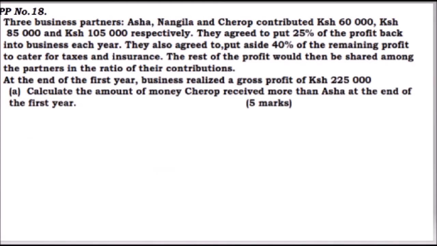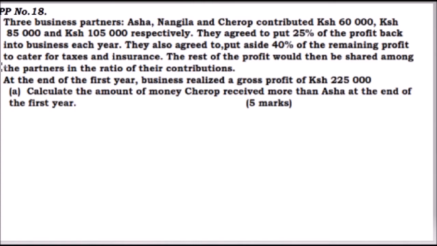Question number 18, we are told 3 business partners, Asha, Nagira, and Cherop, contributed 60,000 shillings, 85,000 shillings, and 105,000 shillings respectively. They agreed to put 25% of the profit back into business each year. They also agreed to put aside 40% of the remaining profit to cater for taxes and insurance.